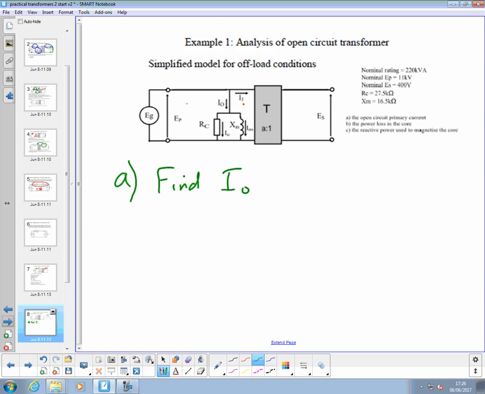Might help if we went and put the values we've been given on the circuit.